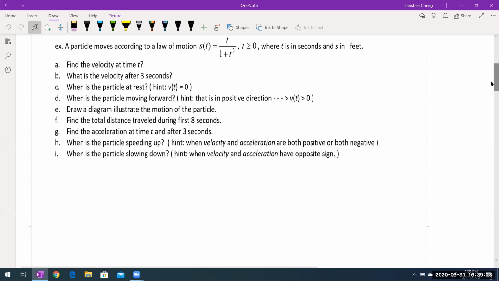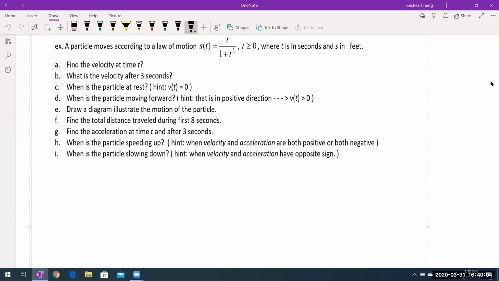A particle is moving according to the law of motion, and I give you the position function, which is t over 1 plus t squared, whenever t is greater than or equal to 0, with time in seconds and position in feet. The first thing that I'm asking you is to find the velocity function. And then second is what is the velocity at a particular time. After that, I'll ask you a series of questions, and next to it I show what this means from a mathematical point of view. So we're going to move on with all of this.